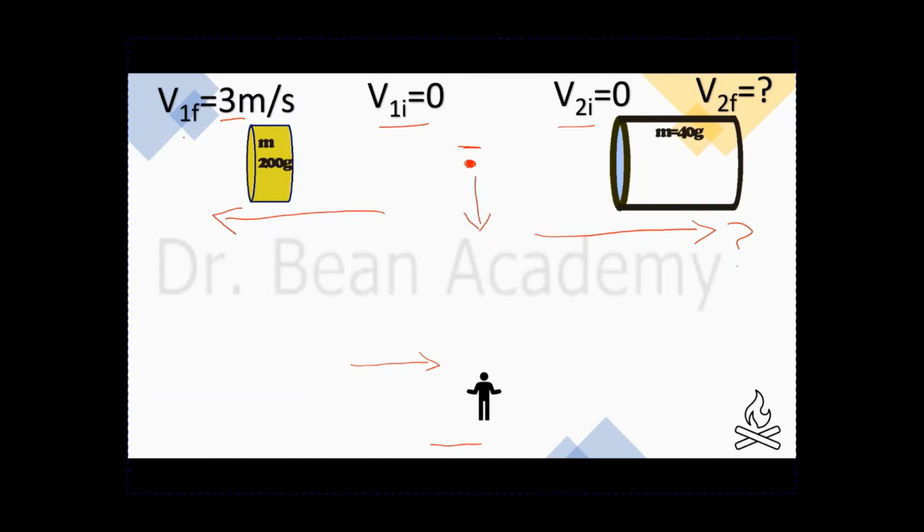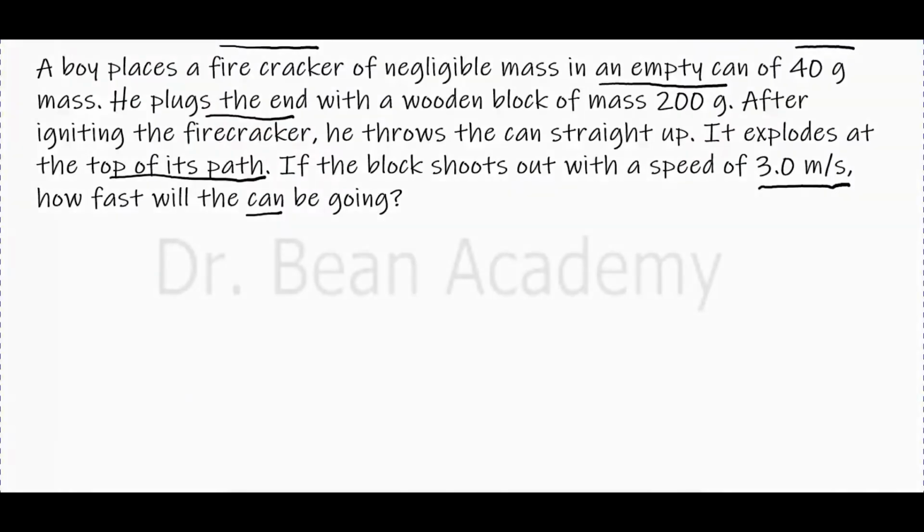So always remember that whenever you are given a system composed of one or more components that are together, and then some event occurs, maybe an explosion or whatever, and they are detached from each other, and they ask for the velocity of one or more components and masses are given, we know that momentum is the product of mass and velocity, and you can always find the missing quantity because the other quantities will be given to you. So let's go back to the question.